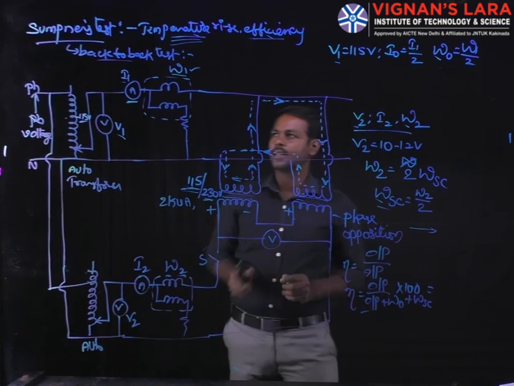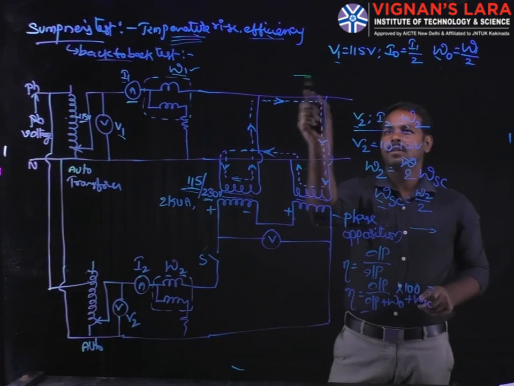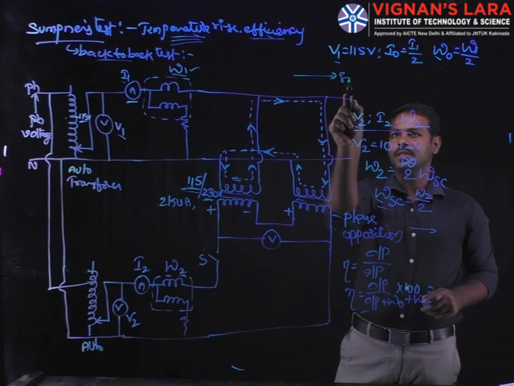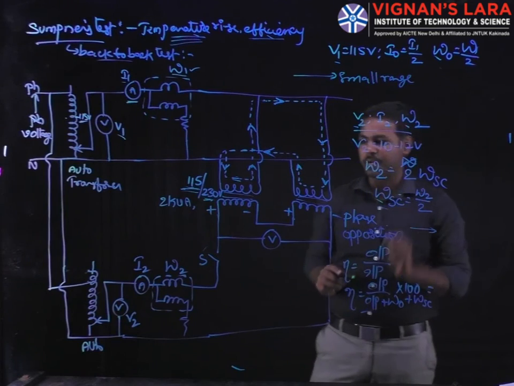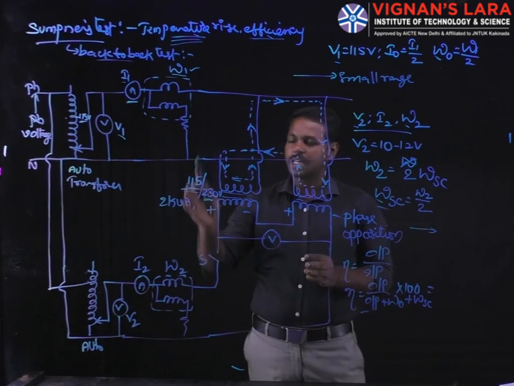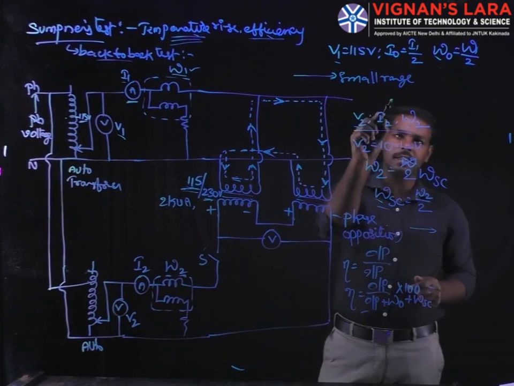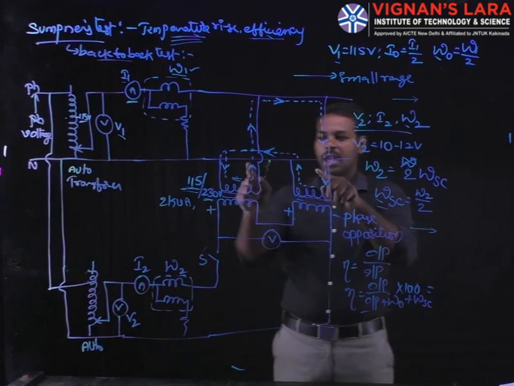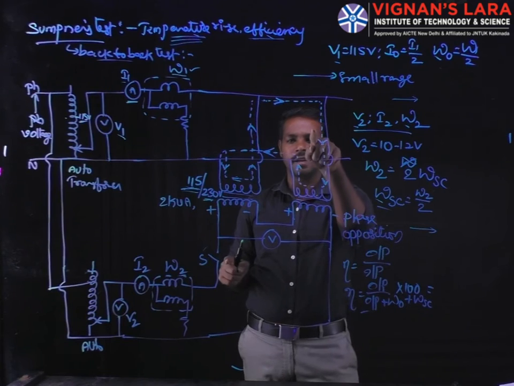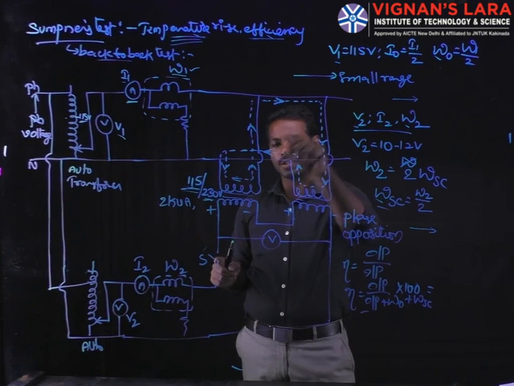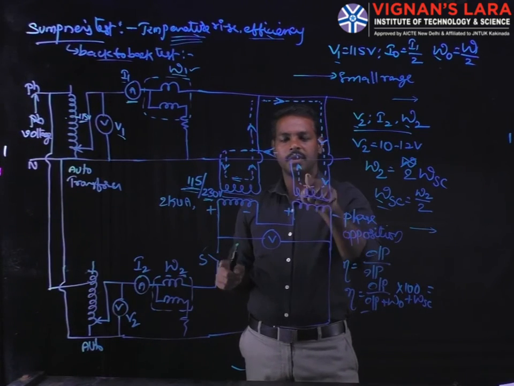This test is only applicable for a small range of transformers. Otherwise, if this type of test is conducted on a large rating transformer, a large amount of short circuit current would flow through the LV side, and that current would burn out the LV windings.